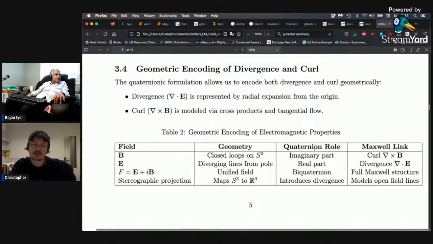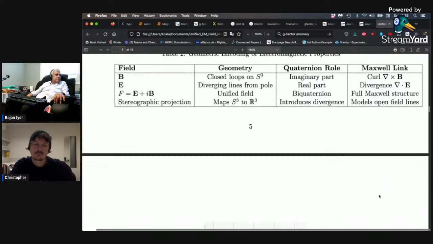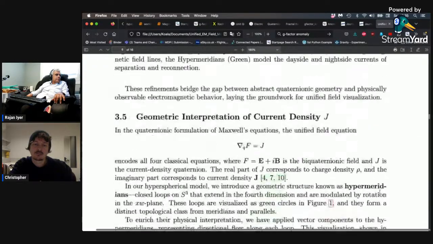We'd have the quaternion geometry. Here's the field's information. We'd have the geometry, like I said, and because it's four-dimensional, it'll be a quaternion. And then we have the link to Maxwell's equations.